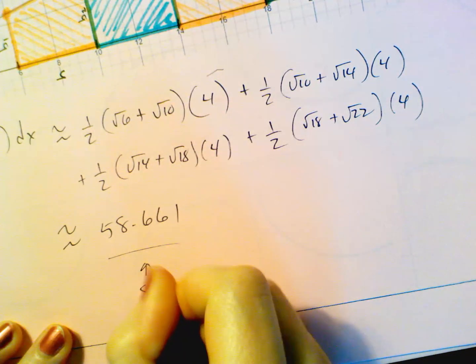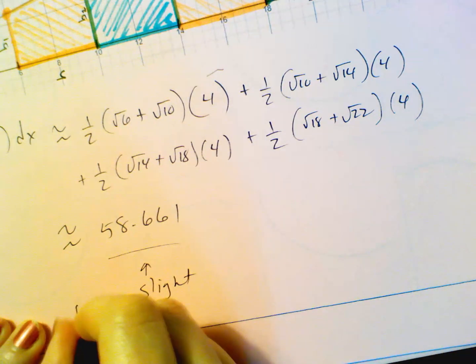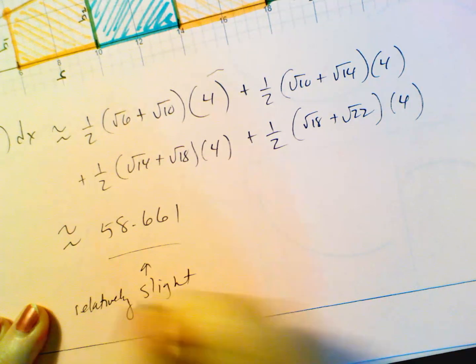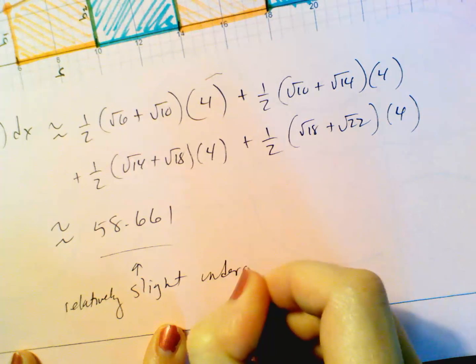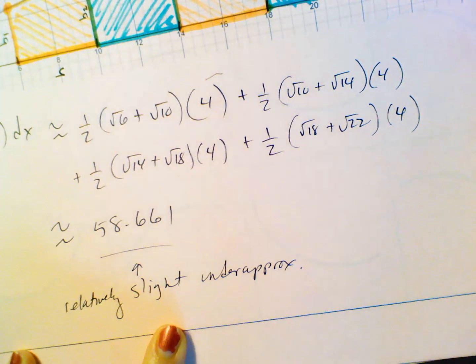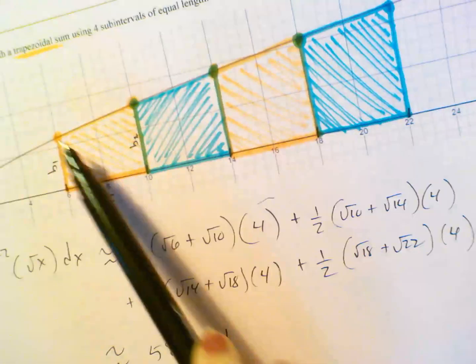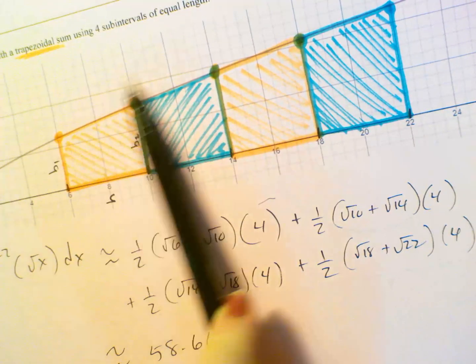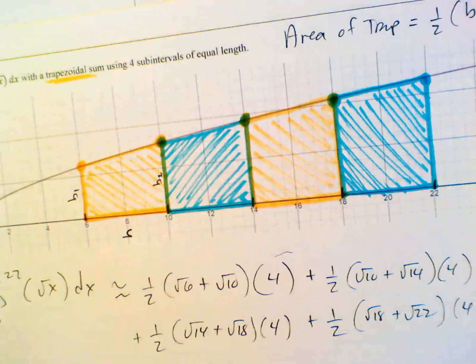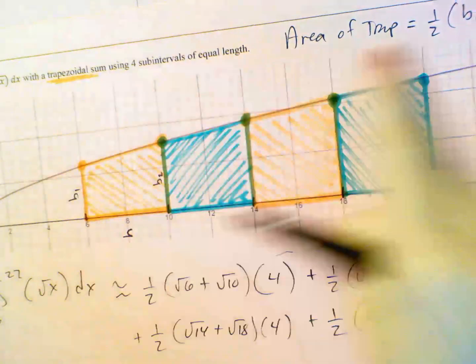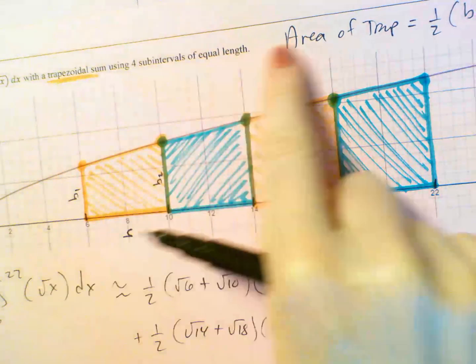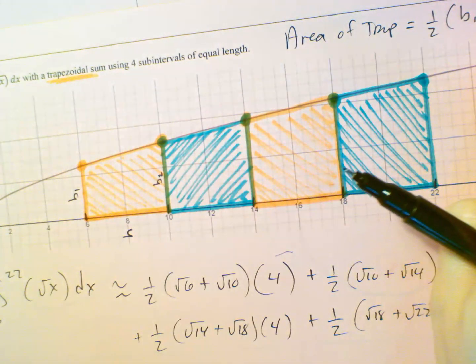This is a relatively slight under approximation. And the reason is the concavity of this graph, let me use vocabulary, this graph is concave down.